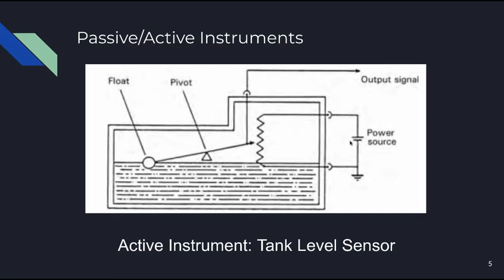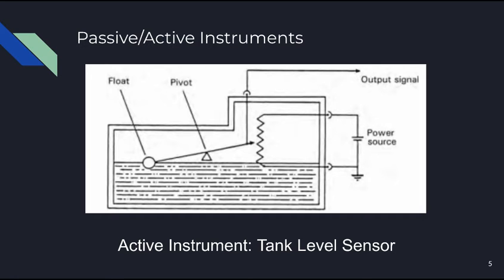The energy in the output signal comes from the external power supply. The primary transducer float system is merely modulating the value of the voltage from this external power source. In active instruments, the external power source is usually in electric form, but in some cases it can be in other forms of energy such as pneumatic or hydraulic.